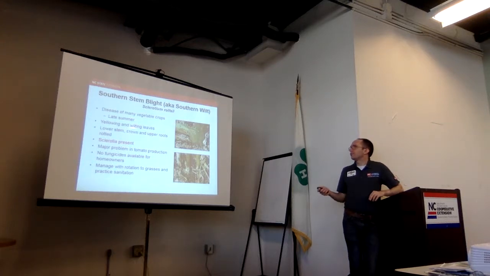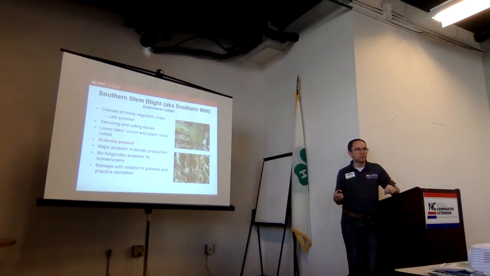And you'll find that the lower stems start to die back, the leaves wilt, yellowing occurs, and the diagnostic character for this is the presence of sclerotia. So look at the base of the plant, and if you see a lot of small, hard, white bodies, those are the sclerotia. Those are the protective superspores of the fungus.